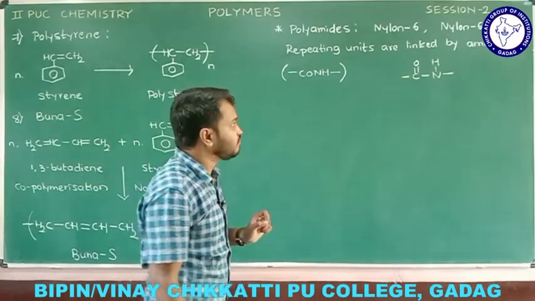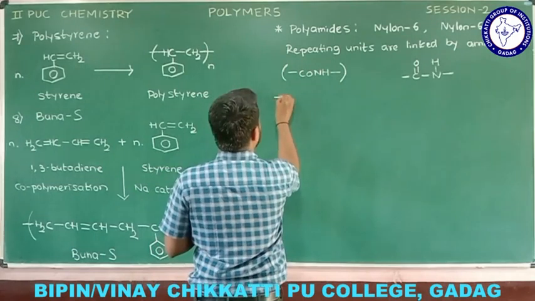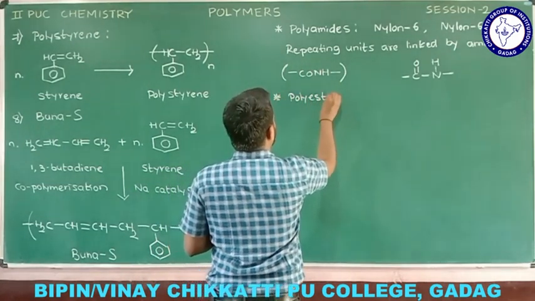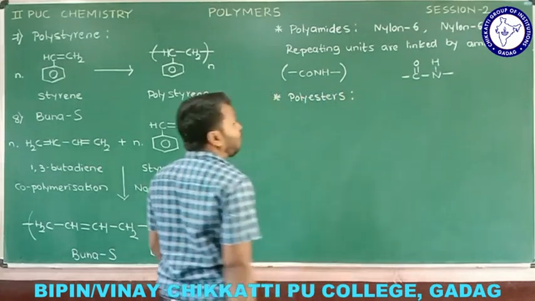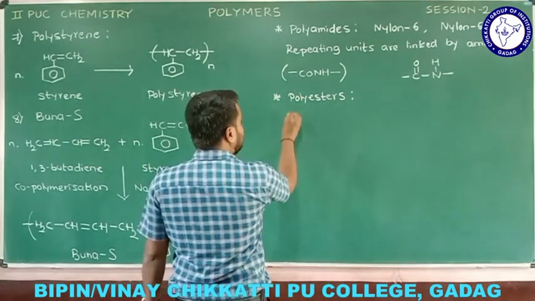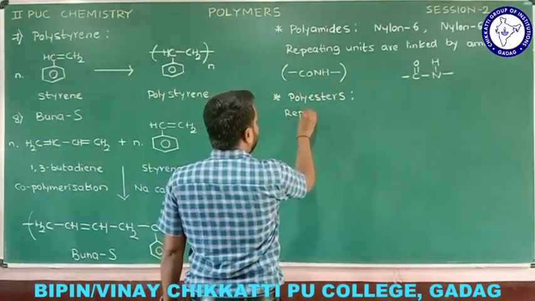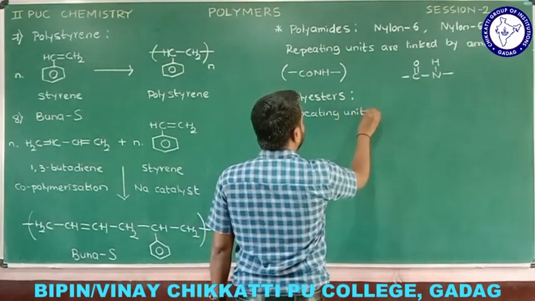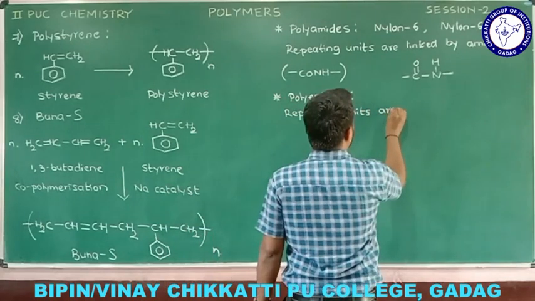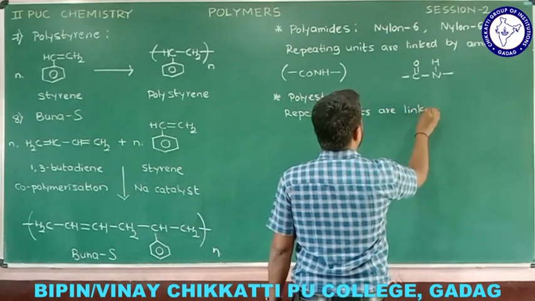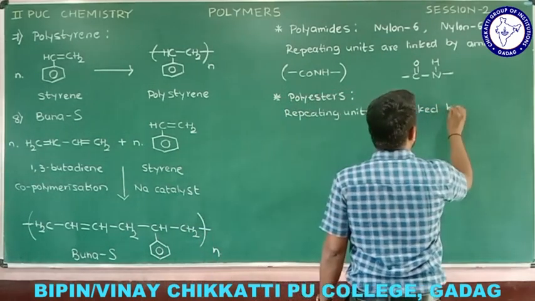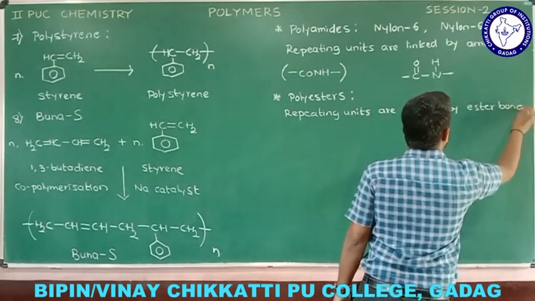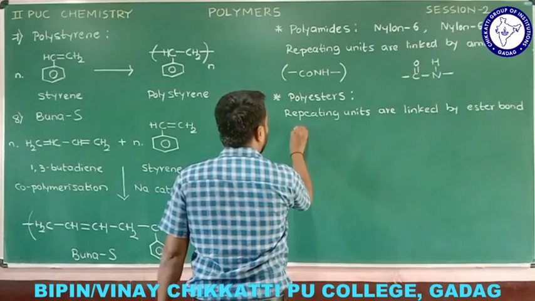We try to know about that. Similarly, we'll see one more, polyesters. In this case, if the repeating units are joined or linked by an ester bond, what is that actually?